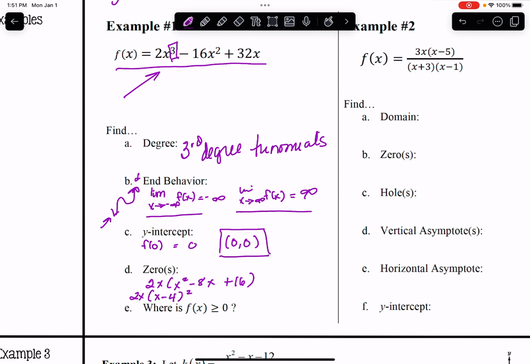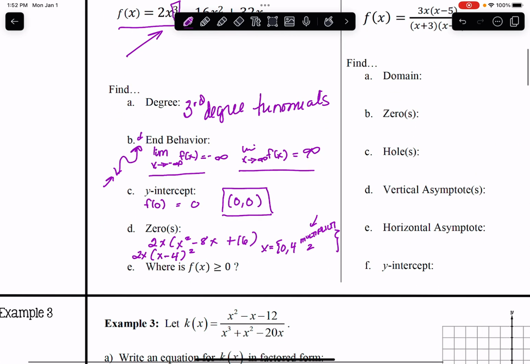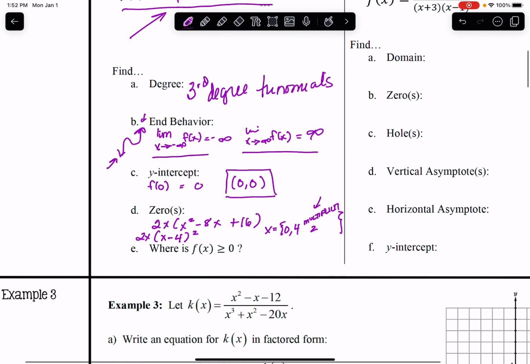So I have two zeros, 0 and 4 has multiplicity 2. So we would write the answer for this as a set. x equals 0. We always make our sets least to greatest. And then 4 multiplicity 2. And if you're saying that, it's really nice to add the multiplicity, please, so that you can easily graph that.